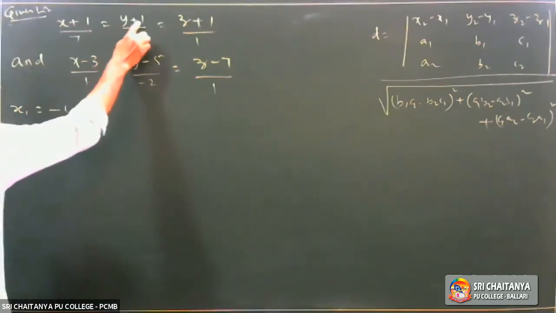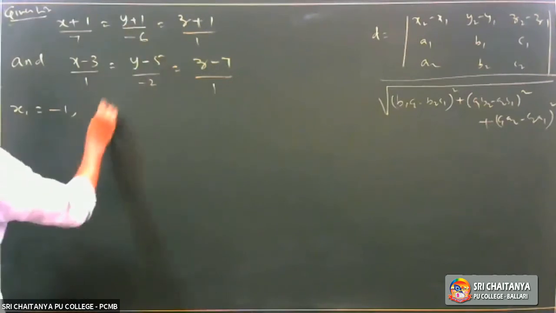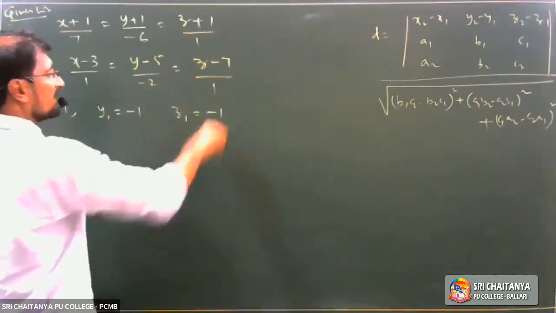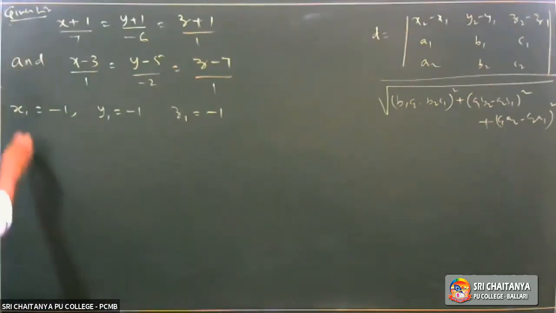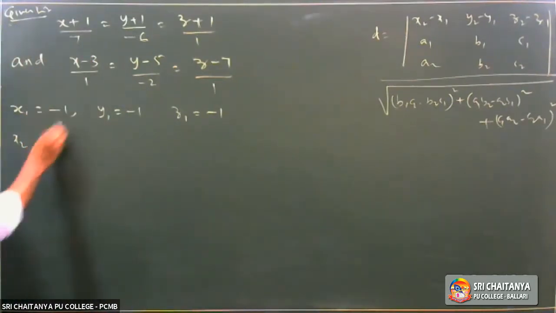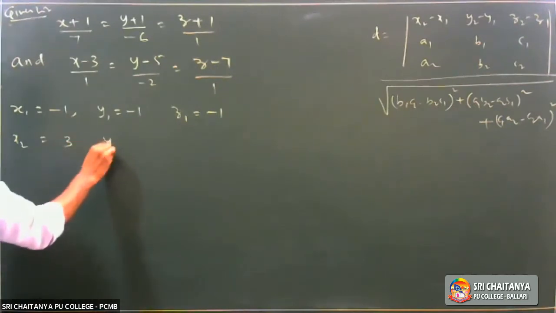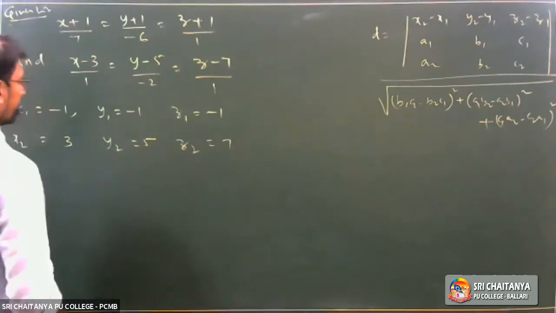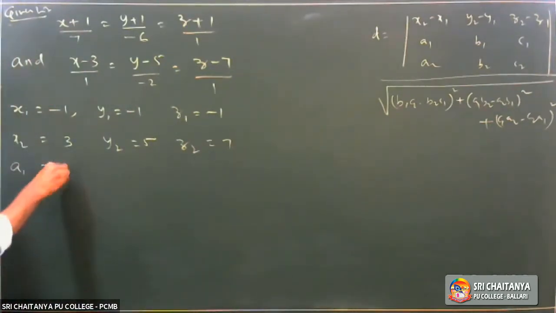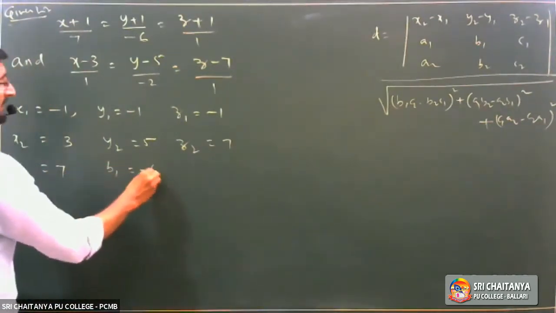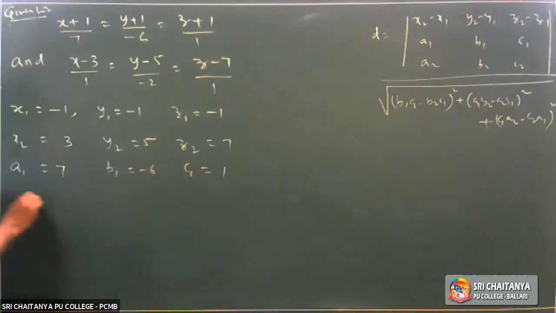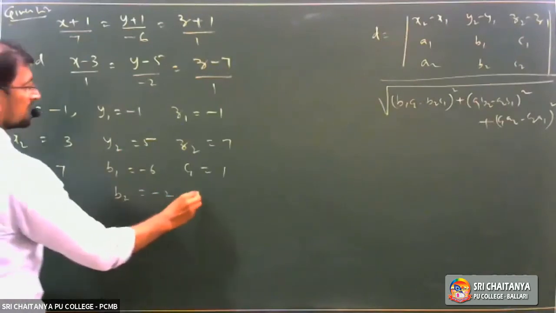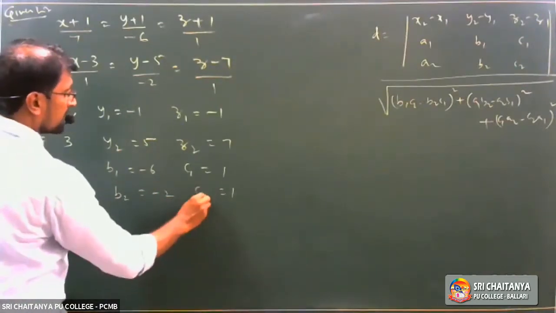Y minus y1 means minus of minus 1, so y1 is minus 1. z1 value is also minus 1. x2 value is 3, y2 is 5, z2 is 7. a1 is 7, b1 is minus 6, c1 is 1. a2 is 1, b2 is minus 2, c2 is 1.